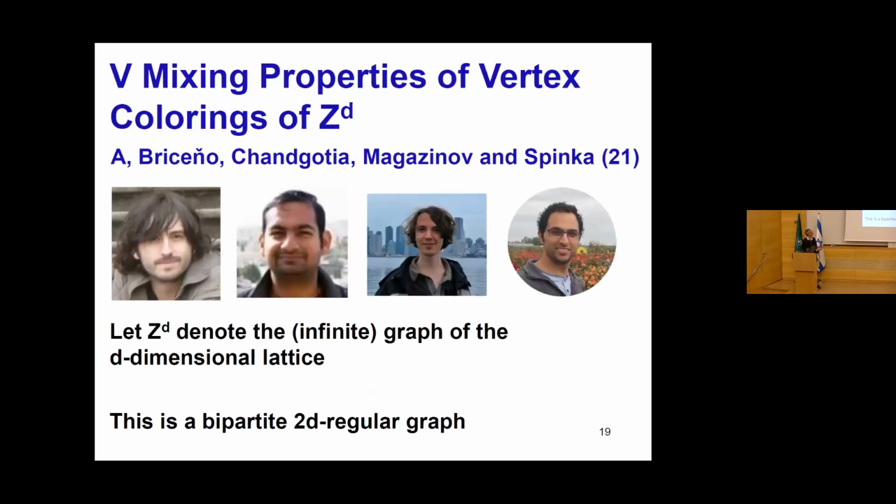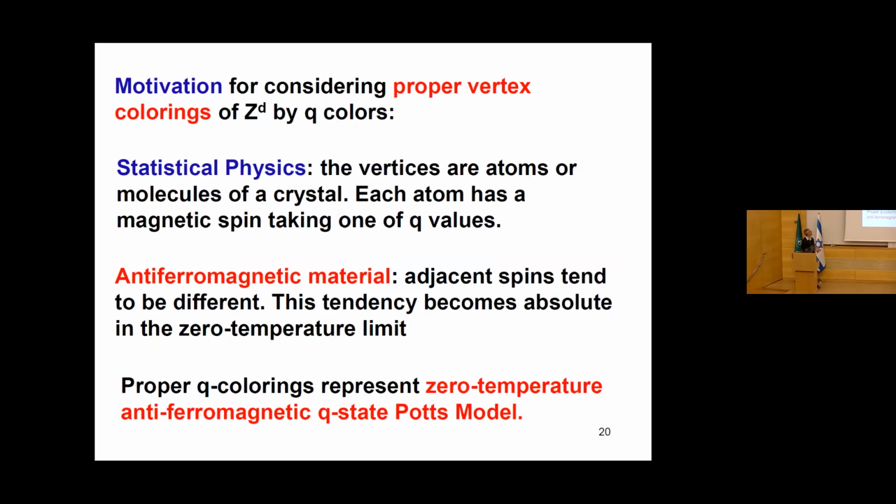Okay, let me talk briefly about some more recent results with Raimundo Briceño, Nishant Chandgotia, Alexandre Marcelino, and Simon Spinka, whom you see here. And that's a problem about coloring that is motivated by statistical physics. So I just say some relevant buzzwords.